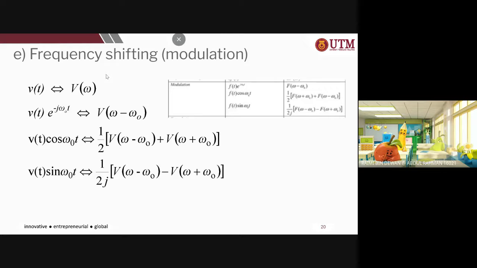When we want to modulate in exponent representation, the signal is multiplied with e to the negative j omega naught t, and results in the frequency domain in omega minus omega naught. I think you indirectly know this already. And then this one is cos omega naught t.